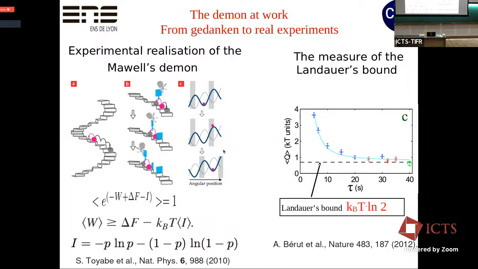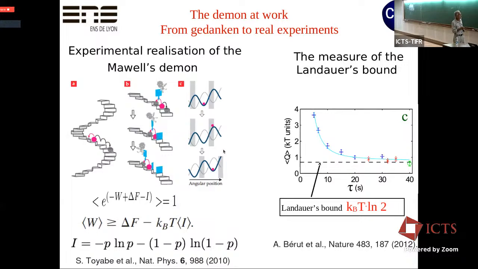And now there is something that you can prove. I will discuss it eventually later, because I don't know whether I have enough time, but you can prove that indeed, in the case of a feedback system, because at the end of the story, the demon is just a feedback acting on the system, you have to modify the Jarzynski equality, adding the information that you are introducing into the system.